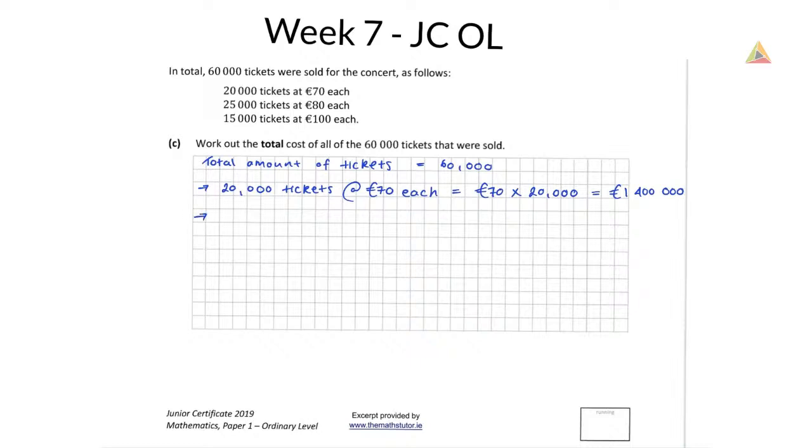The second bit of information we're given is that 25,000 tickets at €80 each. So we now need to multiply €80 by 25,000. And if you put that into your calculator, so €80 multiplied by 25,000, you will get 2 million.